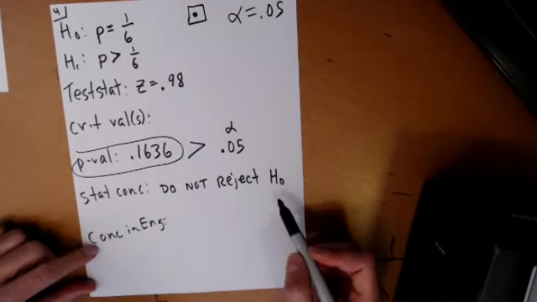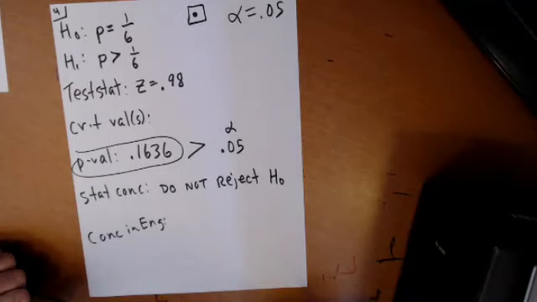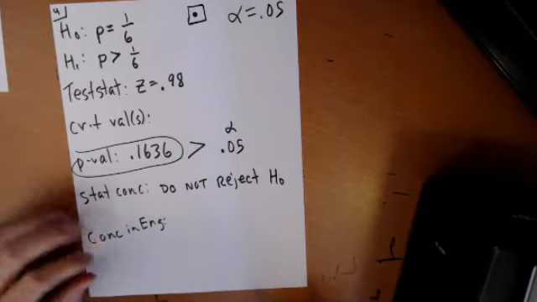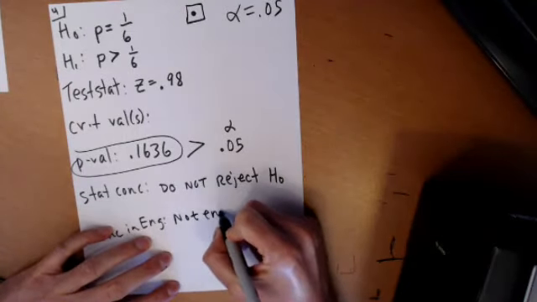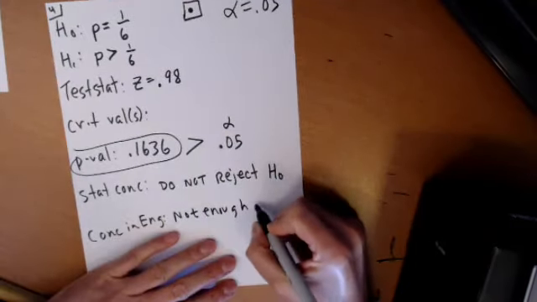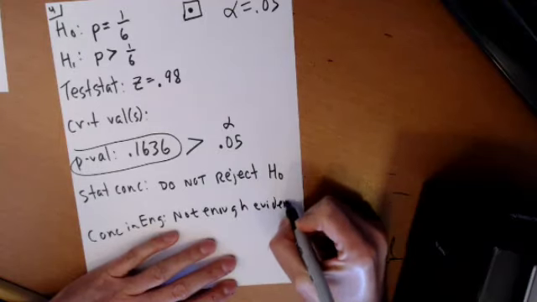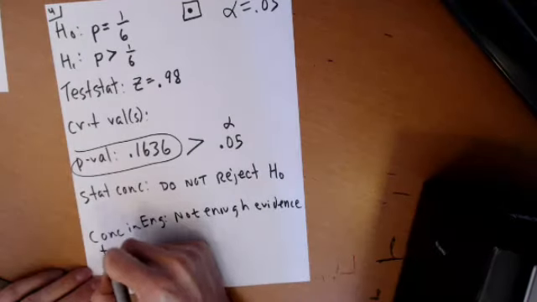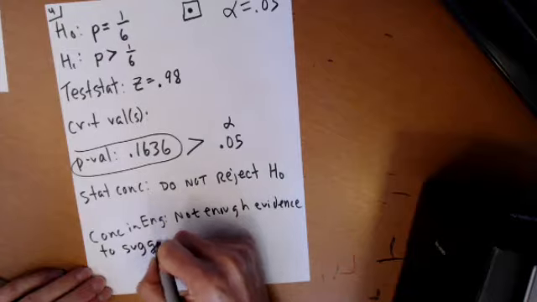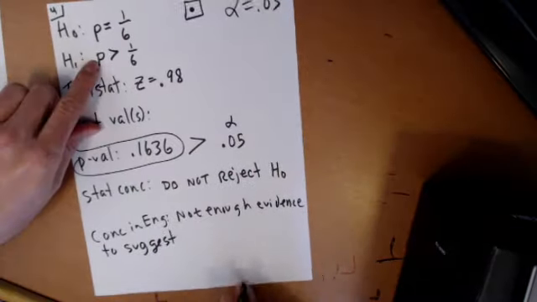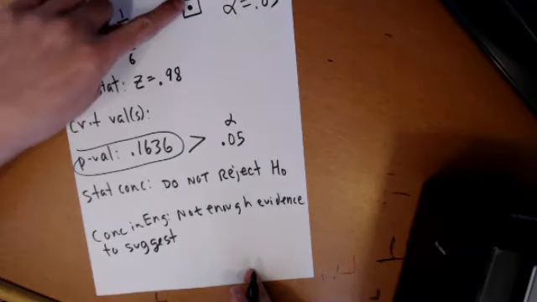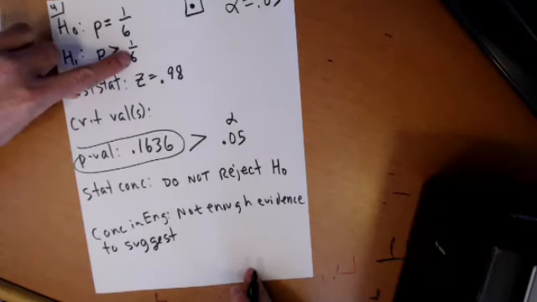If you do not reject H0, it's either evidence suggests or not enough evidence suggests. So if I say do not reject H0, then there's not enough evidence to suggest the alternative, that the proportion of 1 is coming up more than 1/6 of the time.